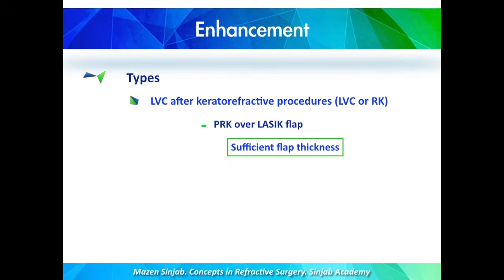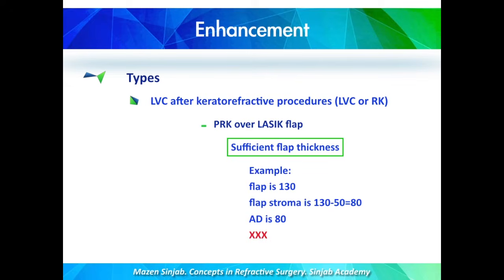Starting with the sufficient flap thickness. When we apply PRK over LASIK flap, we have to be sure that there will be a residual stroma of the flap after the operation. Otherwise, if we ablate the whole thickness of the flap, we will end up with scarring or corneal irregularities.